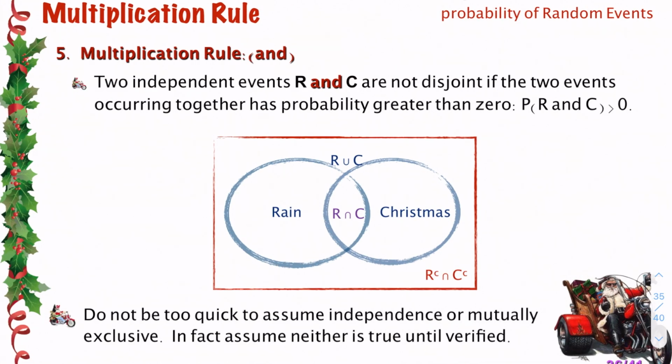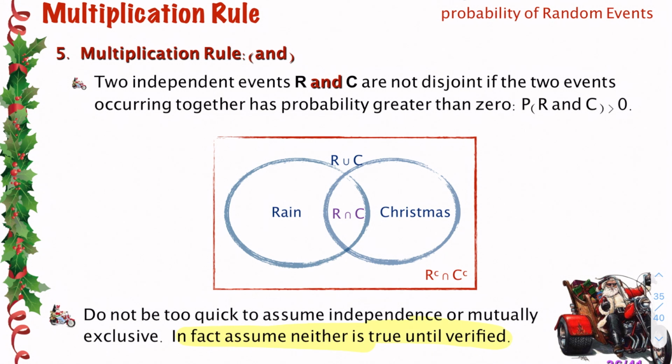With our multiplication rule with and, two independent events, let's call them R and C, are not disjoint if the two events occurring together has probability greater than 0. Do not be too quick to assume independence or mutually exclusive. In fact, assume neither is true until verified.